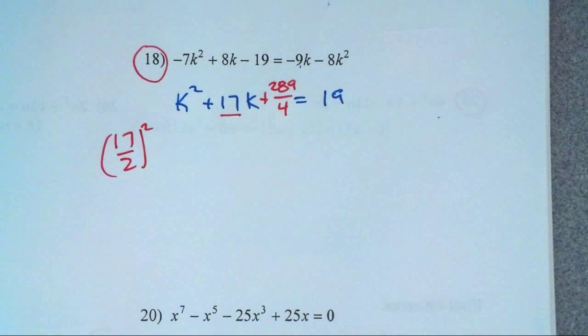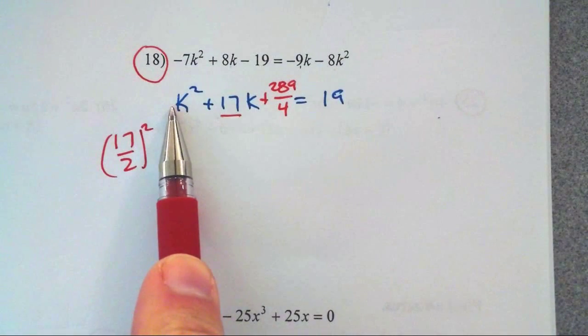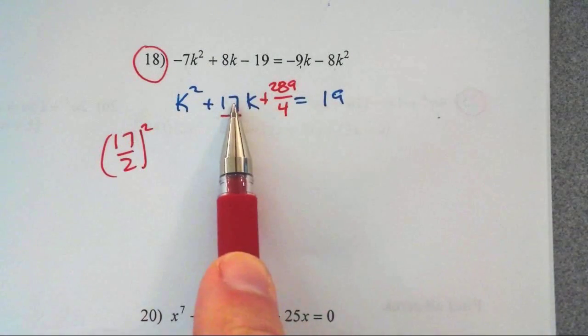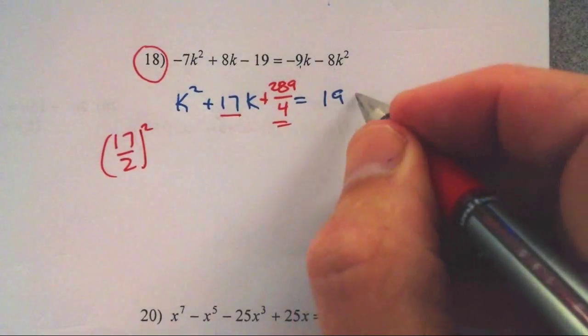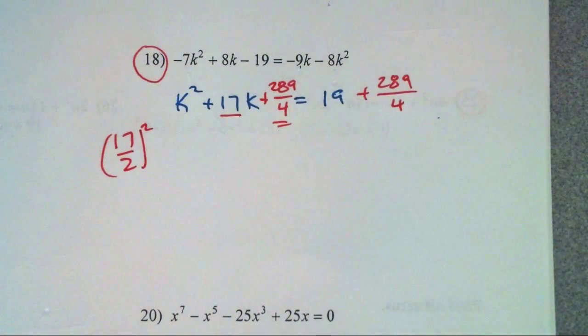We okay there? A little bit uglier. And again, let me back up a second. Reminder, if there was a coefficient, if there was a 2 in front of k-squared, I'd have to divide this before I even start that process. Okay, so I have to balance plus 289 on 4.